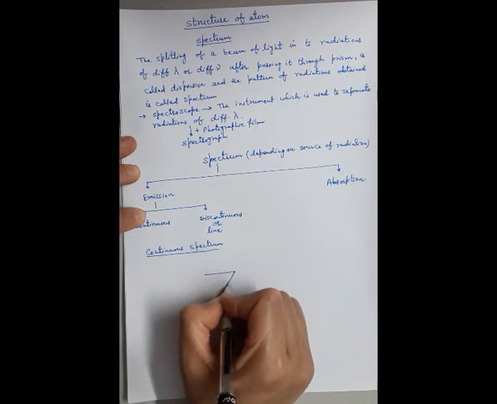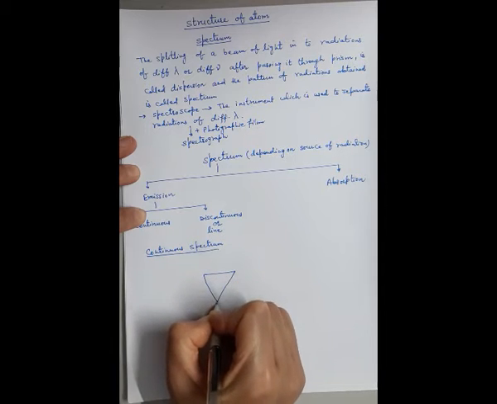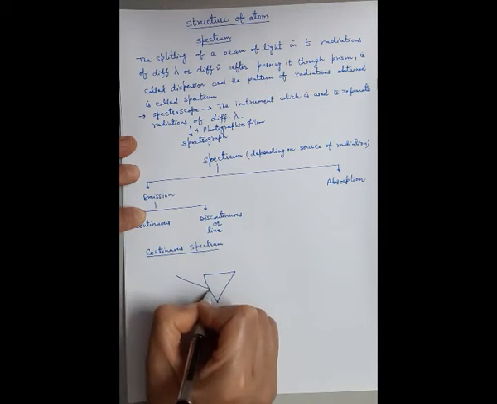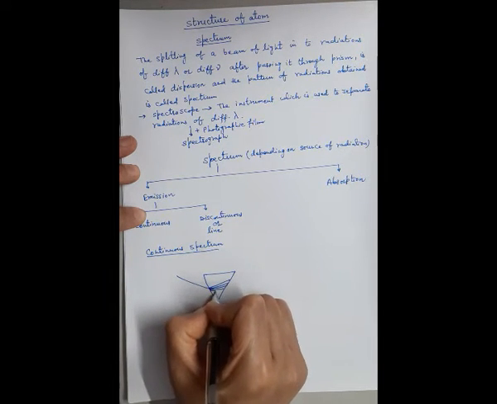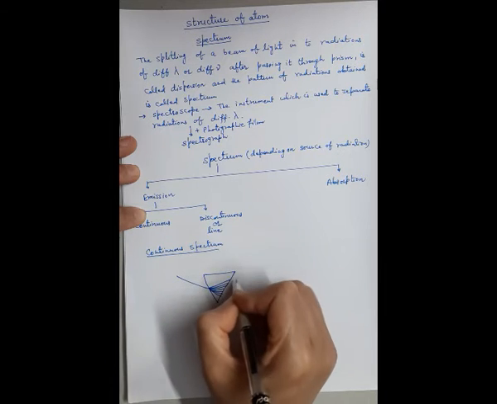There is a prism here. A white light is passed through it and it disperses into 7 colors. 4, 5, 6, 7.